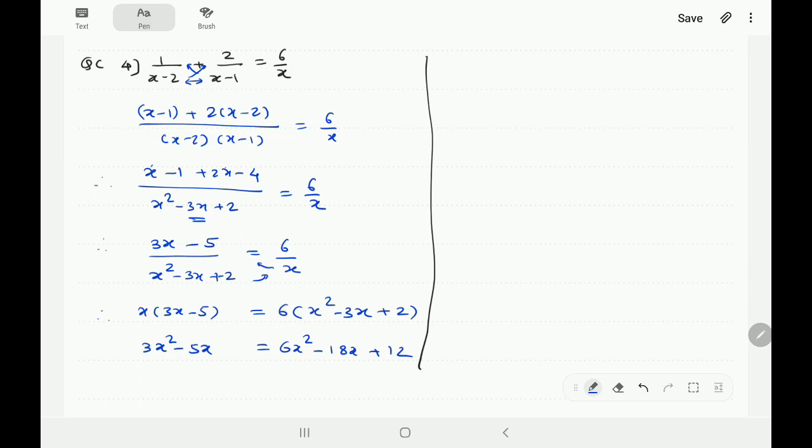So I got a quadratic equation. I have to bring it into standard form, and like the previous one, standard form means what? Everything should be on one side and the other side should be 0. So everything else should go to the other side. I get 3x square minus 6x square, so it is minus 3x square, minus 5x plus 18x, so it is plus 13x.